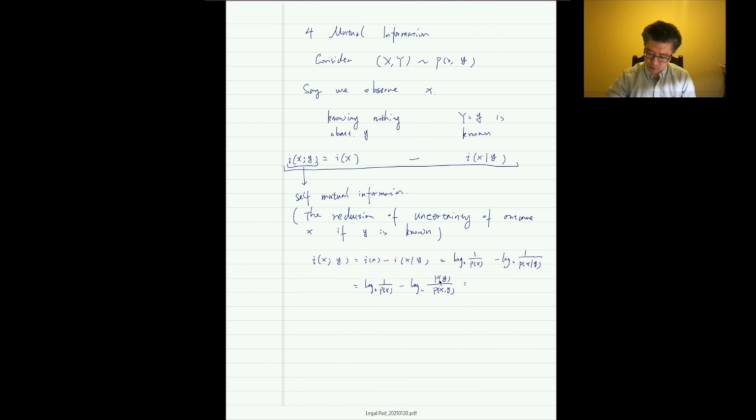What that equals to? The pxy will become upstairs, and then downstairs will be px and py. Okay, great. So this is basically the formula or definition of the self-mutual information.